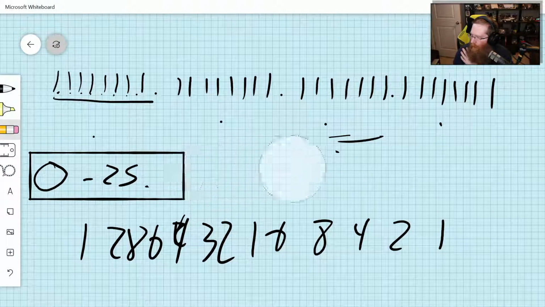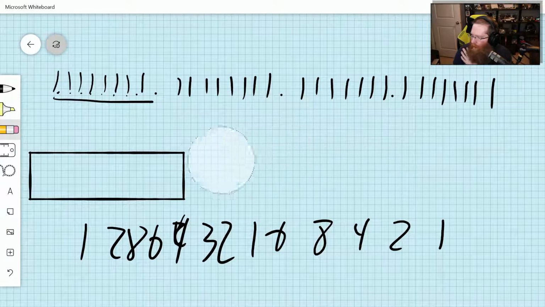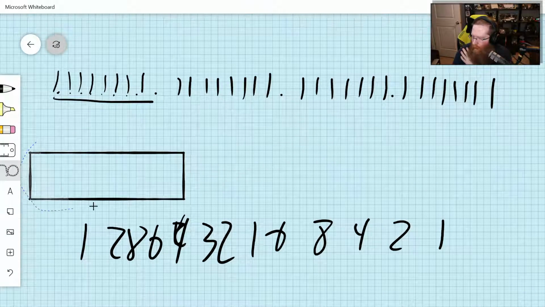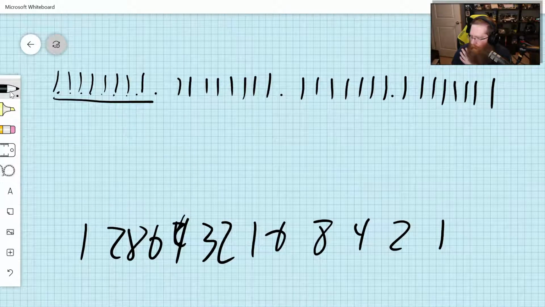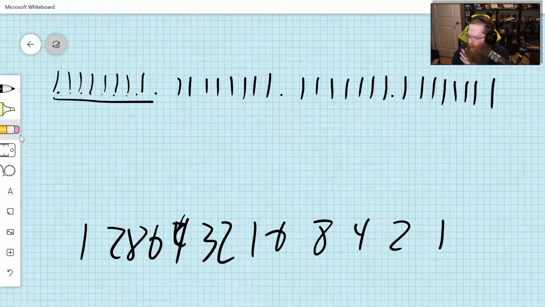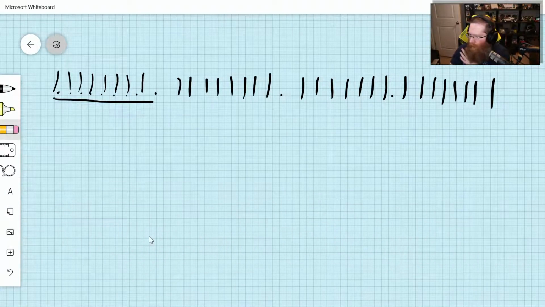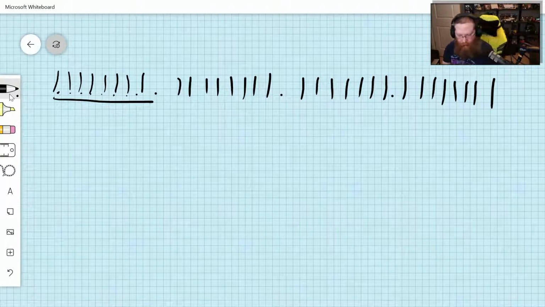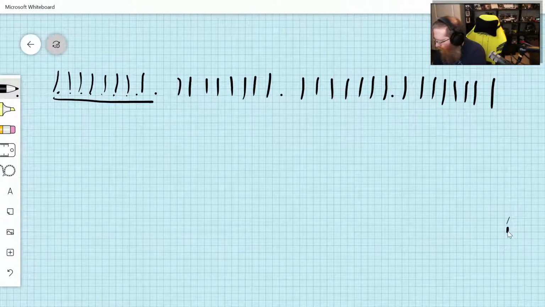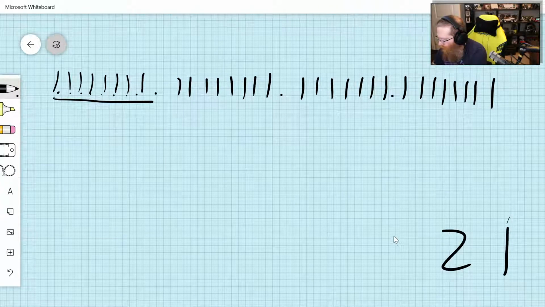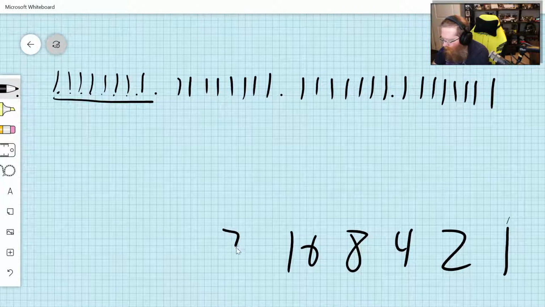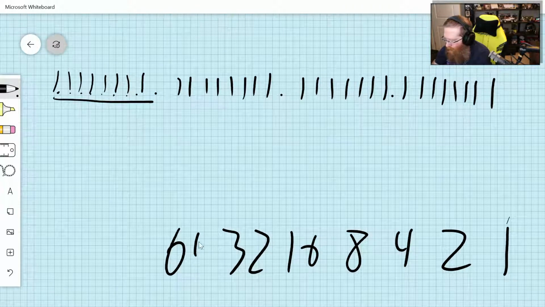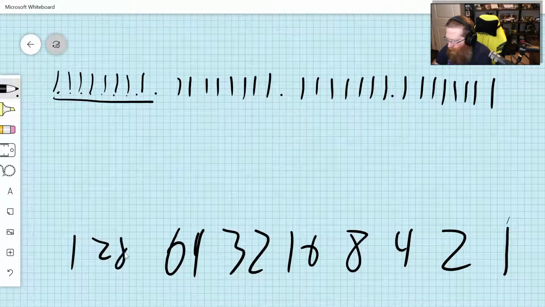So let's go ahead and get those gone. Delete that little figurine there. Okay. And let's draw this better on the bottom, that way I can get a clearer picture for us. So 1, 2, 4, 8, 16, 32, 64, 128.